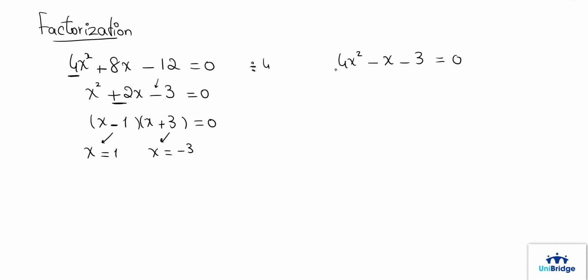So what you think of is there's a nice method that says if you have a problem with this 4, take the 4 and multiply it by the negative 3. This is just a mathematical manipulation that I'll tell you how to fix at the end.